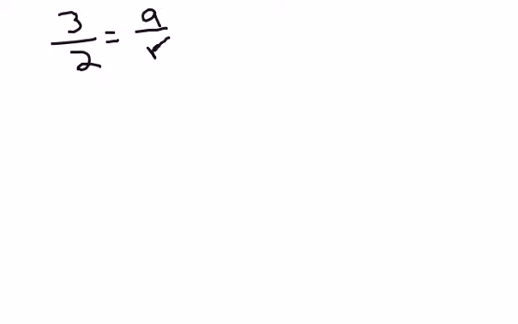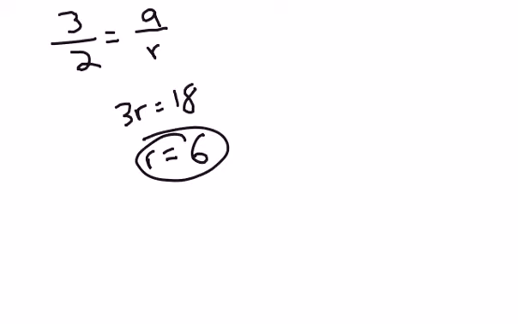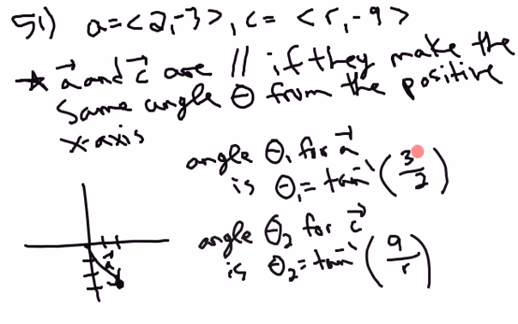If you cross multiply, you'll get 3r equals 18, which means r has to be 6. That makes sense, because then you'll have tangent inverse of 3/2 for theta 1, which is for a, and tangent inverse of 9/6, which becomes 3/2. So these give you the same thing, which means their angles are the same, which means they are parallel. So that is number 51.